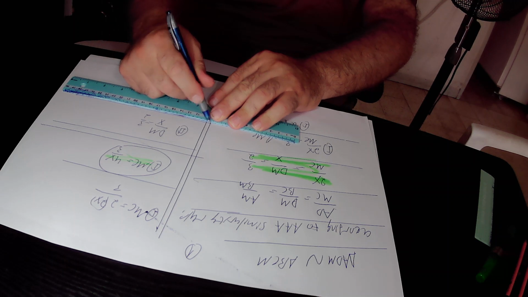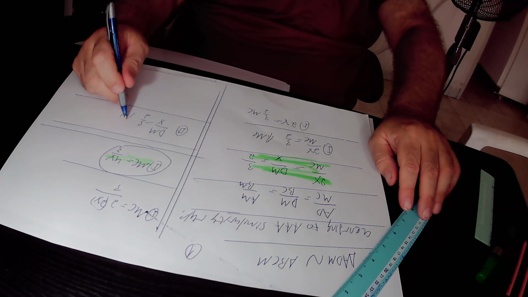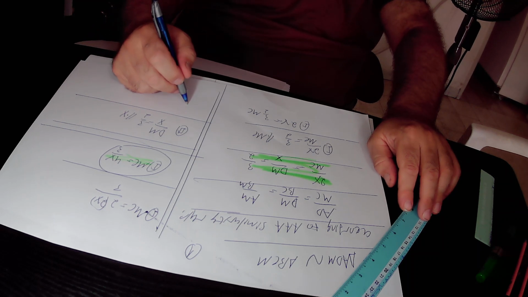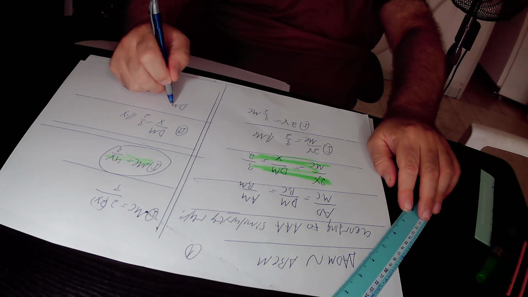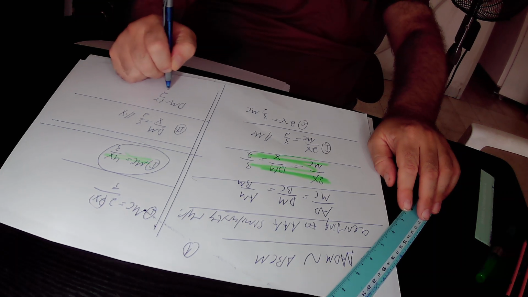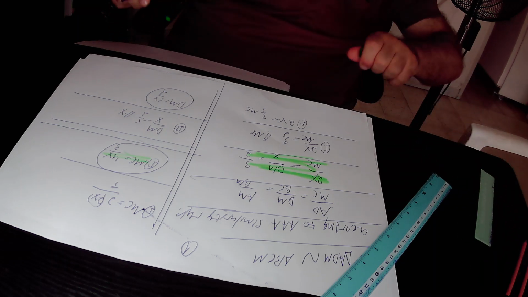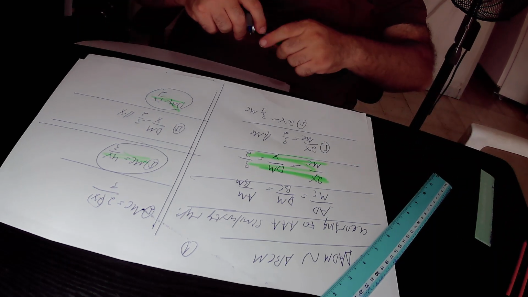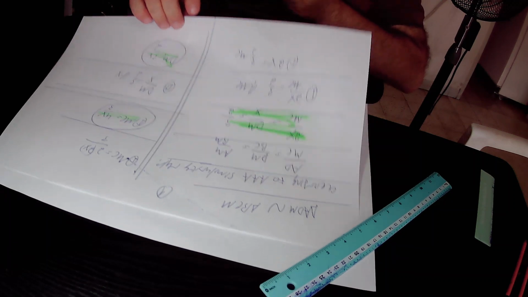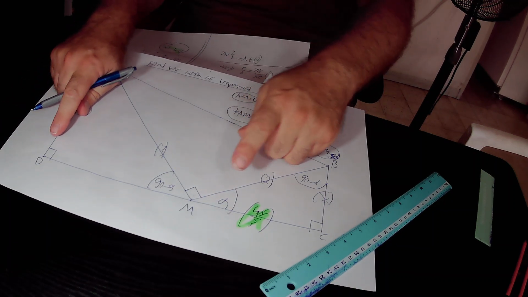Here we multiply equation 2 by x, and we get that DM equals 3x over 2 units in its length. So I write it down: this is side DM, that equals 3x over 2 units in its length.